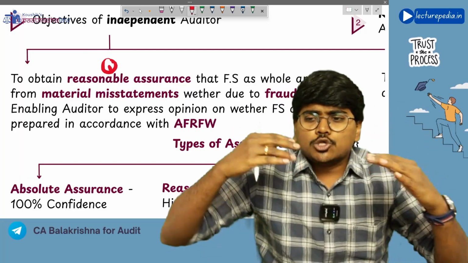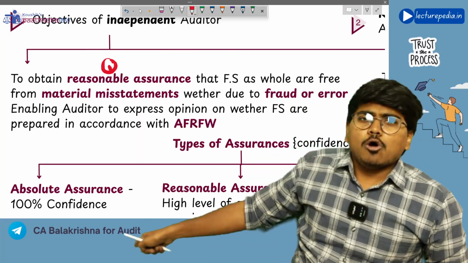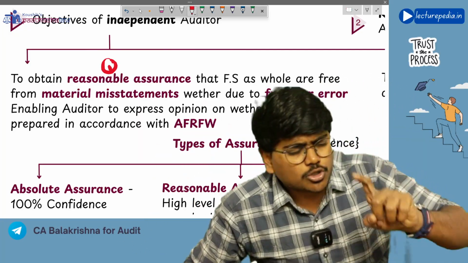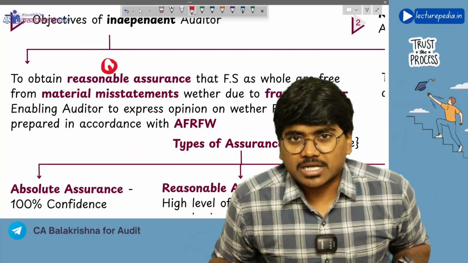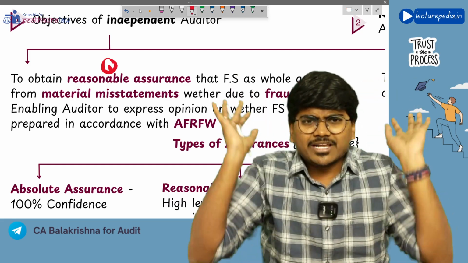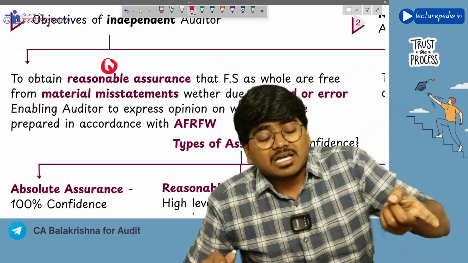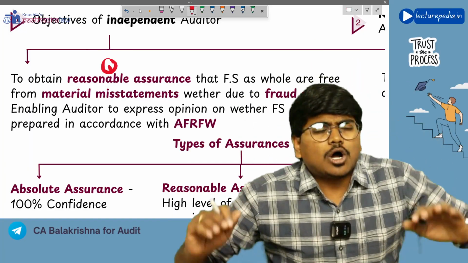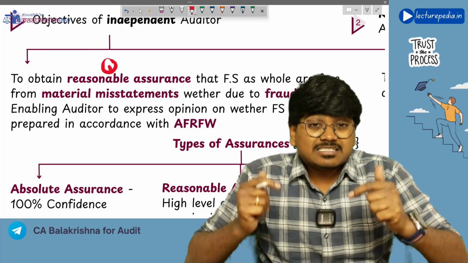Absolute assurance means you give 100% confidence to the other party that there are no material misstatements in the financial statements. You should remember that the auditor will never give absolute assurance, 100% confidence, because of the inherent limitations of the audit. What are the inherent limitations? We'll see.